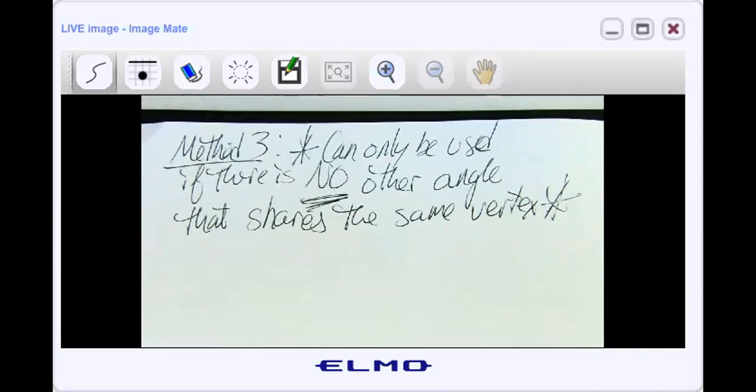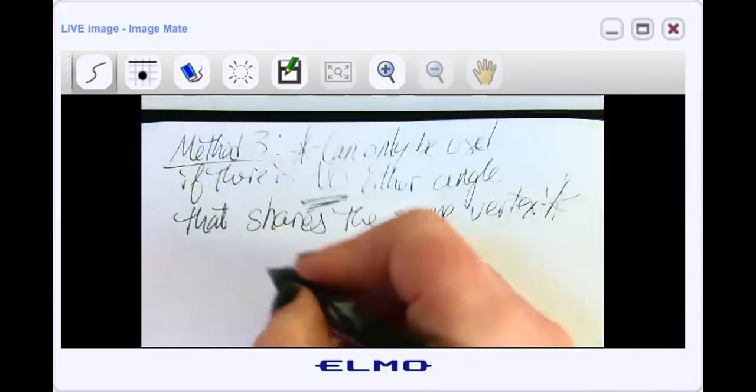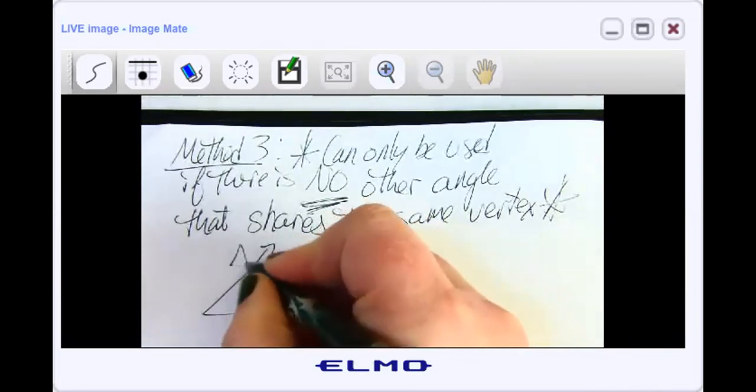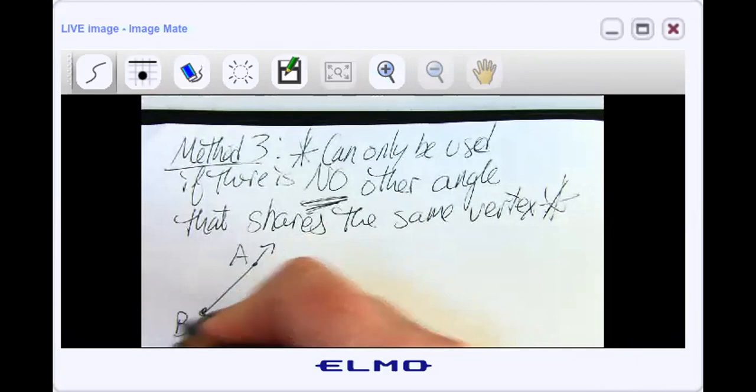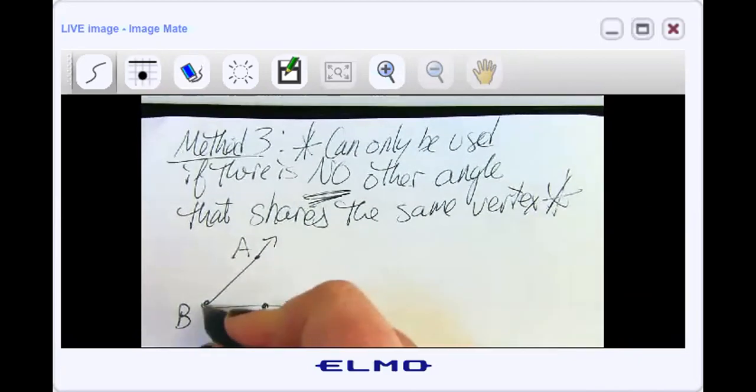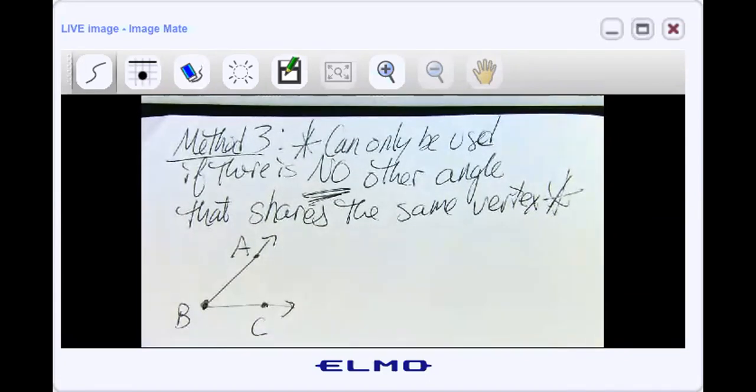This is a big deal. So what I mean by this: if I have an angle like this, the vertex is at B. There's only one angle that has its vertex at B. That's fine. I can use method 3 on this one.